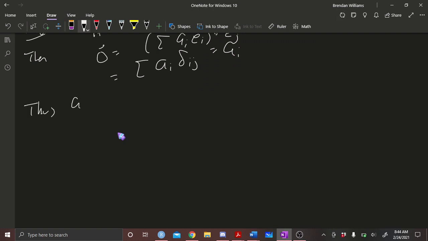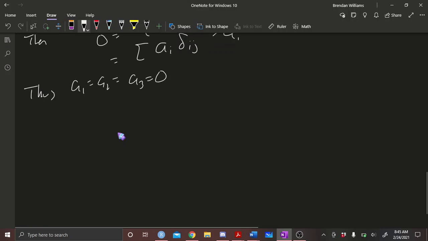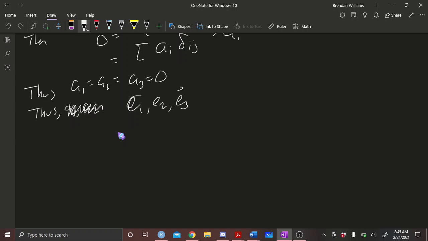Thus a1 equals a2 equals a3, which is equal to 0. So we must have that e1, e2, e3 are linearly independent.